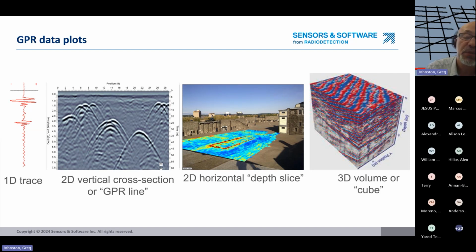So grids can also be plotted as 3D volumes or cubes, as shown on this image on the right. So EKKO Project provides all these types of plots. Now, the type of plot available to you depends on how the GPR data was collected in the field. So let's have a very brief look at the three basic types of data collection to set the stage for the EKKO Project software.